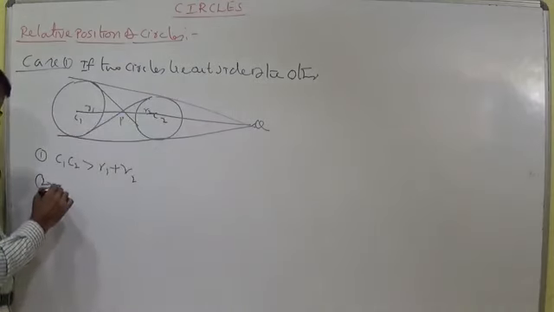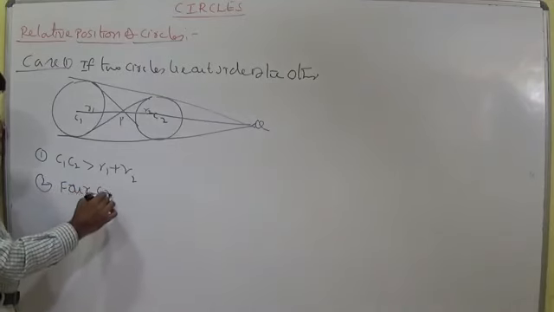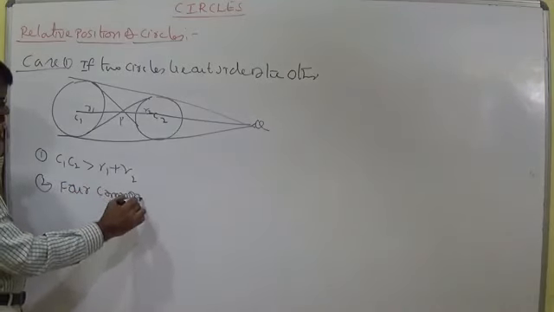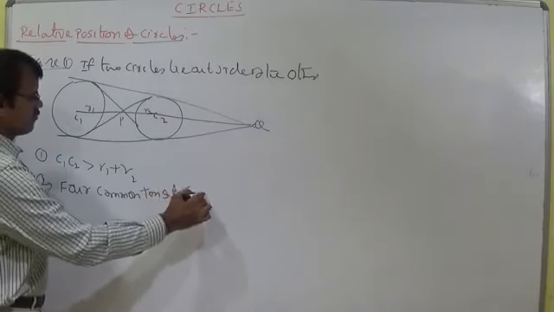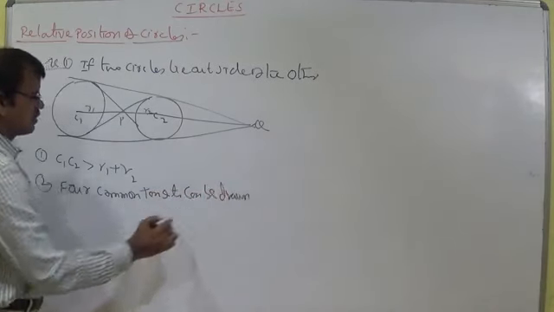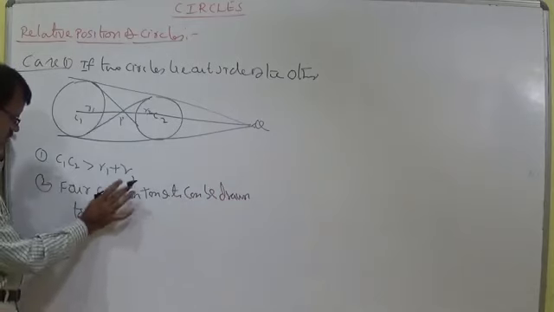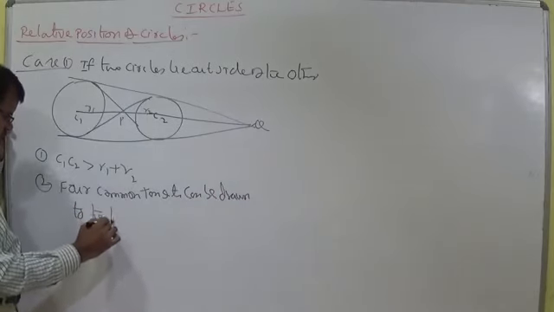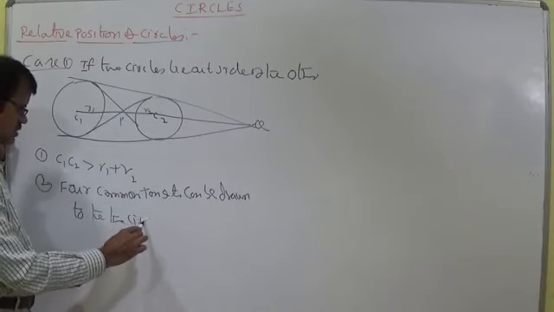Next one, 4 common tangents here. The concept is 4 common tangents. 4 common tangents can be drawn to the two circles.